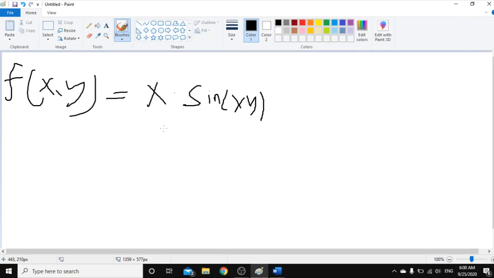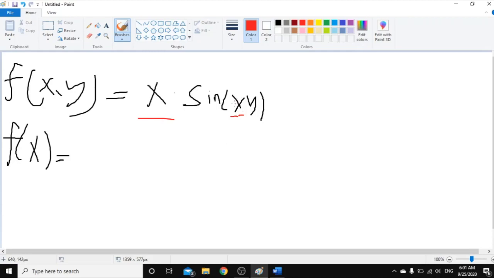So we need to use the partial derivative of x and y. First, if you take the partial derivative with respect to x, here there is an x, and inside the sine there is also an x.